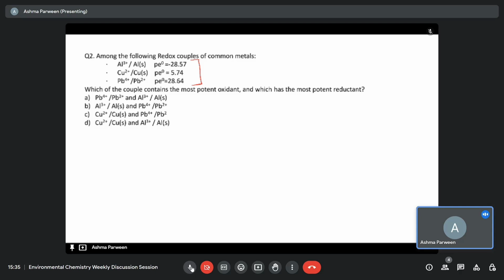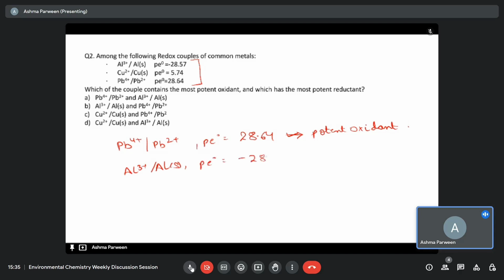So here we can see that the redox couple from Pb4 plus to Pb2 plus has pE naught value of 28.64. So this will be the potent oxidant, and the couple Al3 plus forming aluminium solid with pE naught value of minus 28.54, this is the potent reductant.